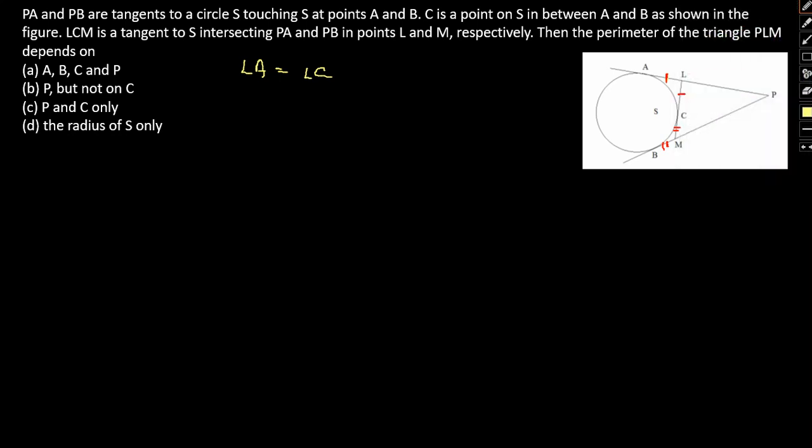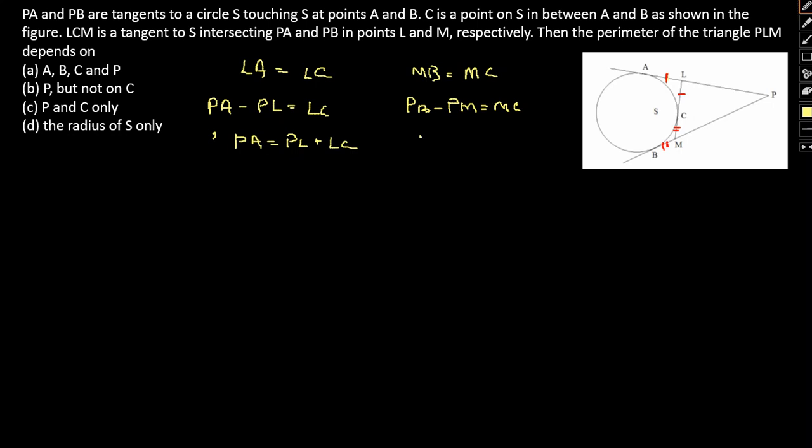So these two things we know. So PA minus PL equal to LC. Therefore PA equal to PL plus LC, and here PB minus PM equal to MC.